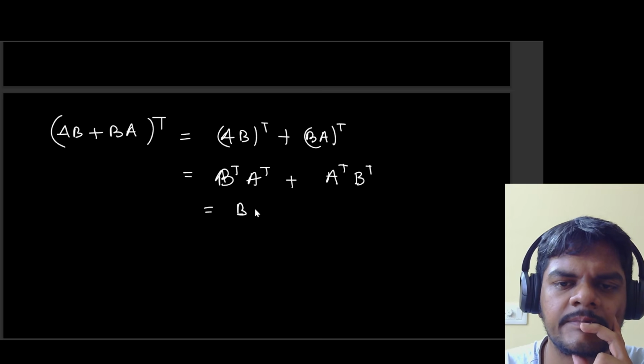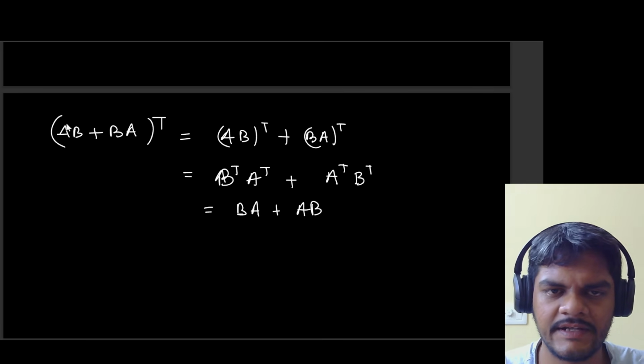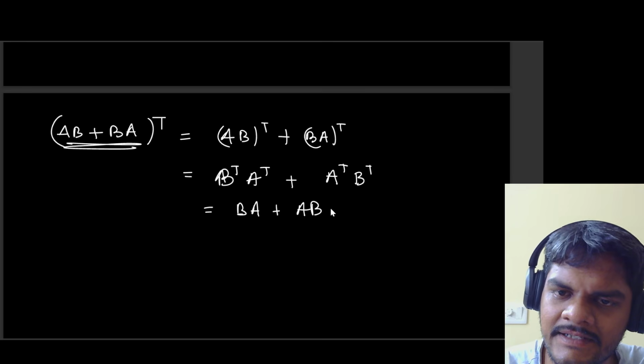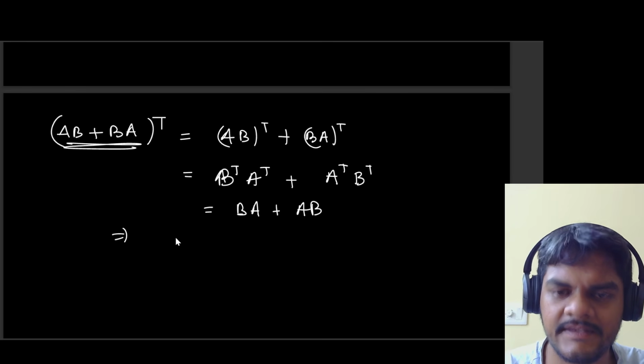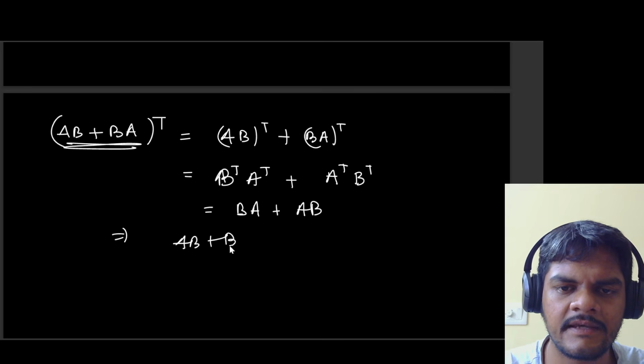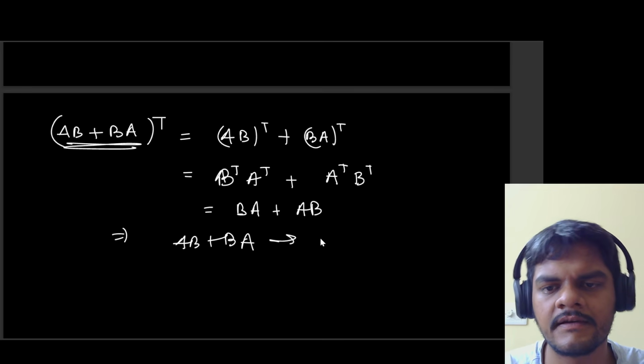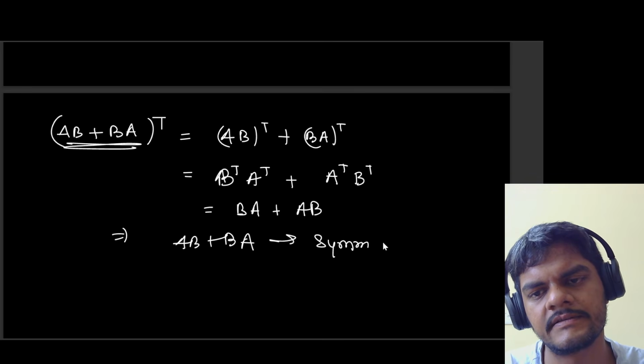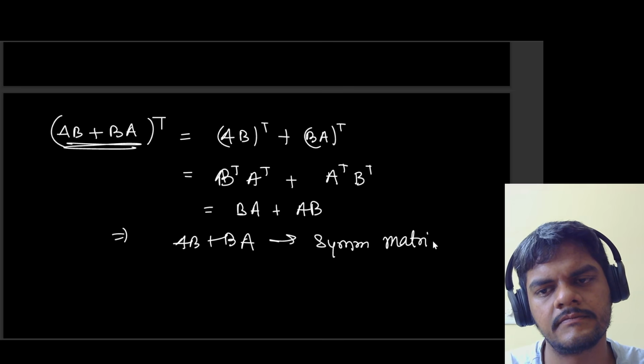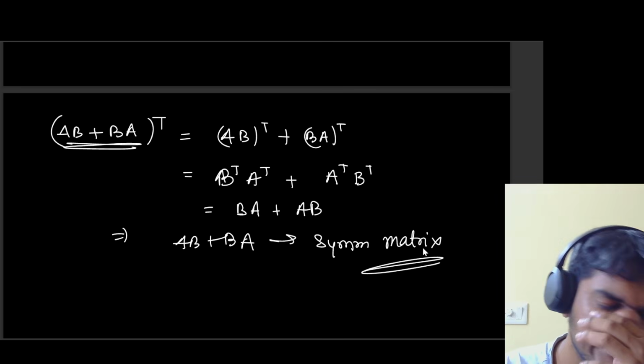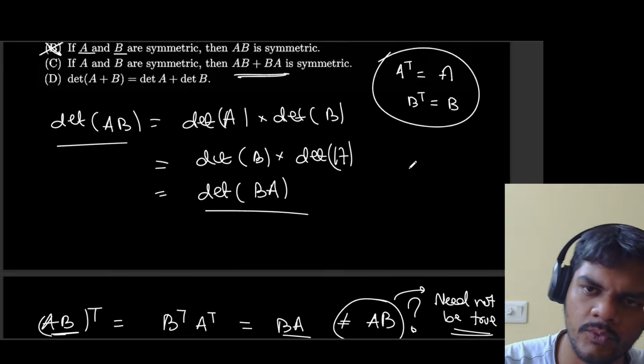That is equal to BA plus AB. So this is equal to the initial matrix which is inside the transpose. So this means yes, AB plus BA is a symmetric matrix, right? So that is obviously true.